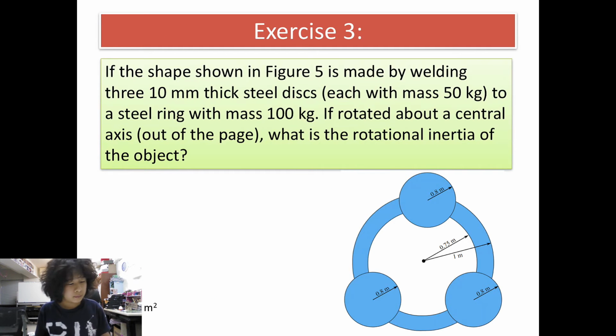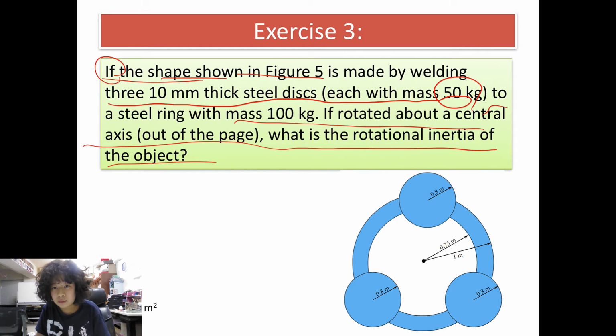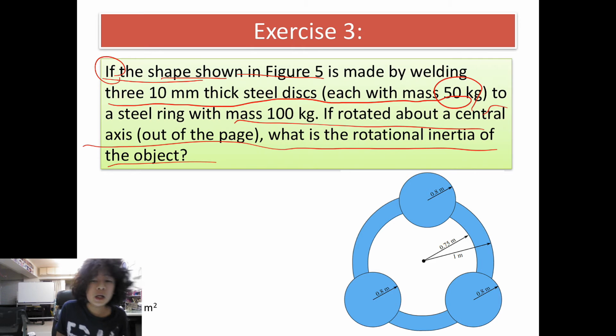So exercise 3. If our shape is shown in figure 5, right here, with three plates each of mass 50 and a steel ring of mass 10 about the center of the object. Okay, so first, the rotational inertia. Let's calculate it.